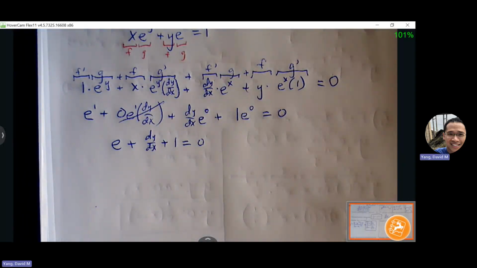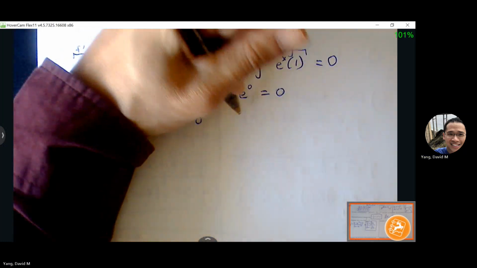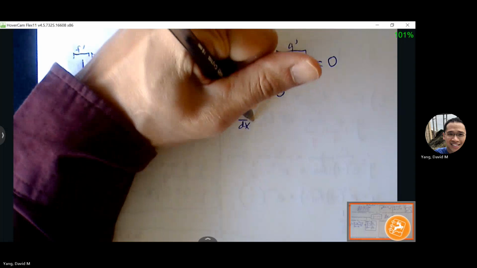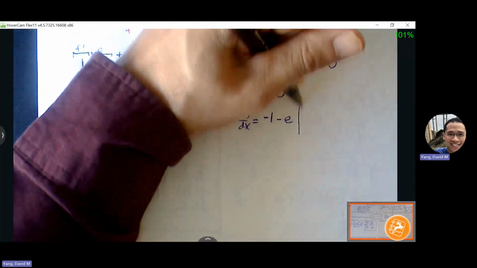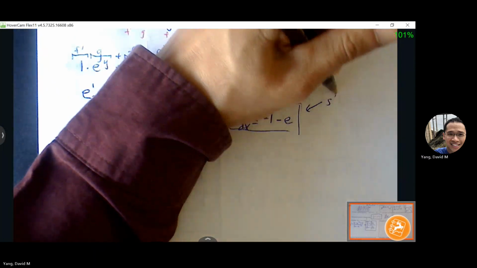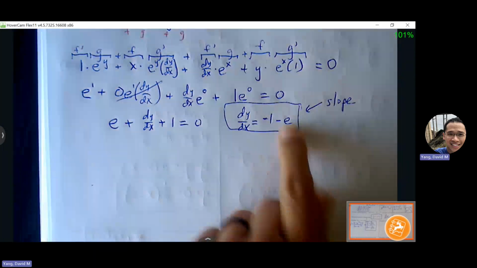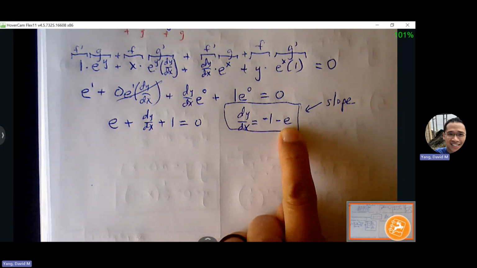So it's a lot faster, right? Now I can just get dy dx, and then all the x's and y's disappear. I'm just left with some number, and this number will represent my slope. So this is my slope. We just have to keep reminding ourselves that e is not a variable, right? e is just some numeric value.